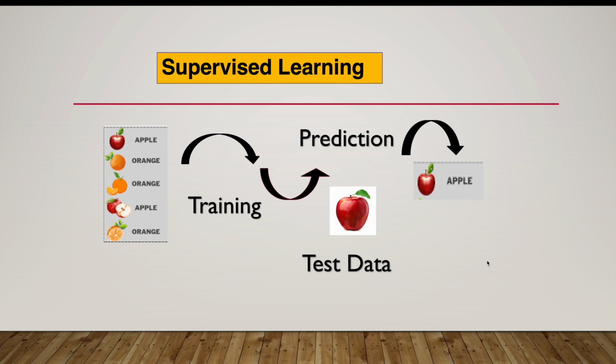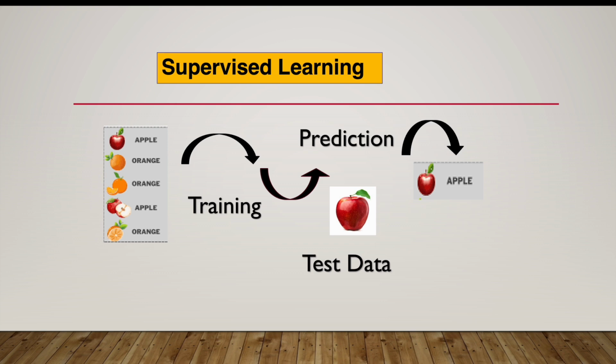Supervised learning is nothing but providing data which has labels with it, like this is apple, this is orange, this is apple again, then orange. So we feed the data which has a label associated with the data itself.